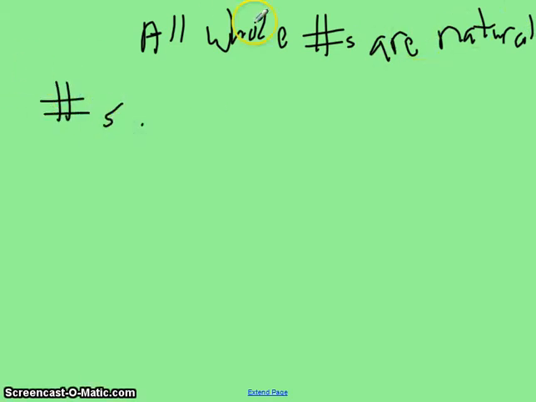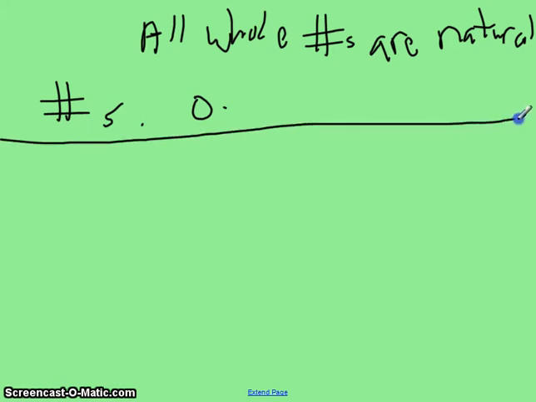Well, most of the whole numbers are natural numbers, except whole numbers include one more thing. So a counterexample to this would just be the 0, because 0 would be a whole number, but it's not a natural number. So that's the only example that we could find right there.